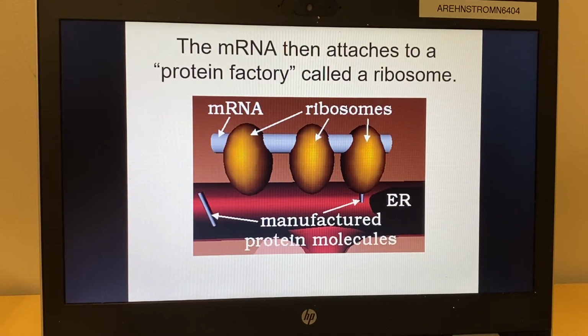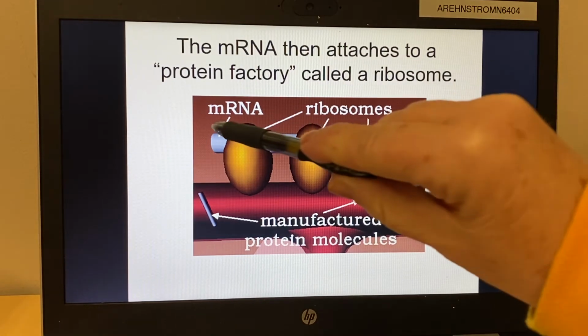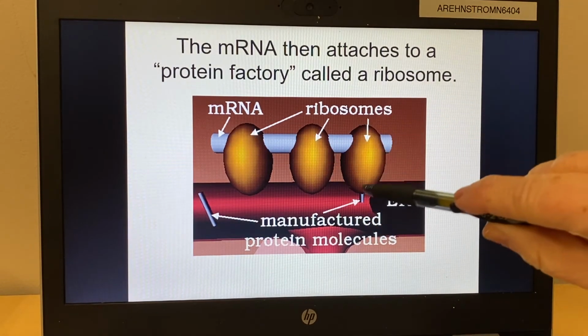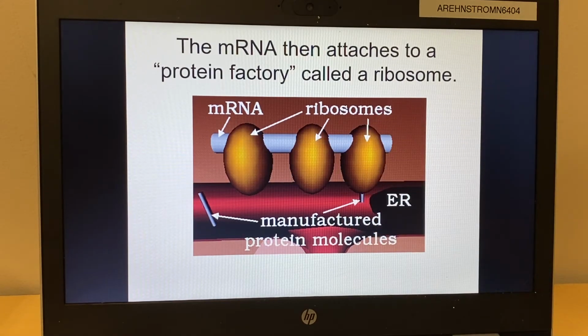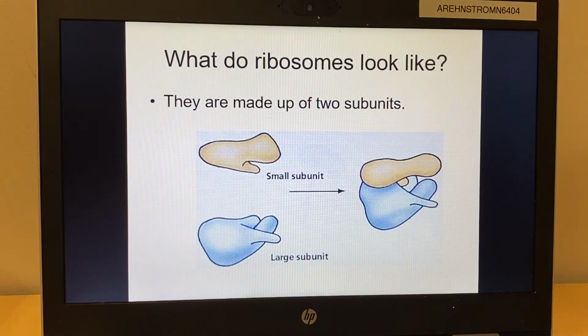The messenger RNA then attaches to a little protein factory called a ribosome, and then we're going to begin the process of translation. Here you have your messenger RNA strand, and these little guys are ribosomes. Let me put it this way.